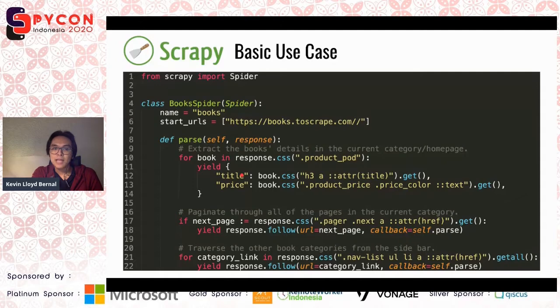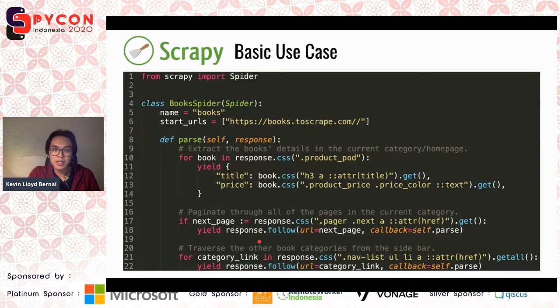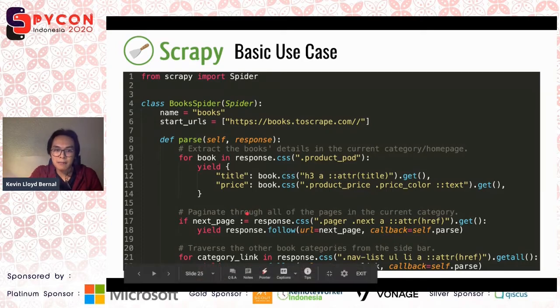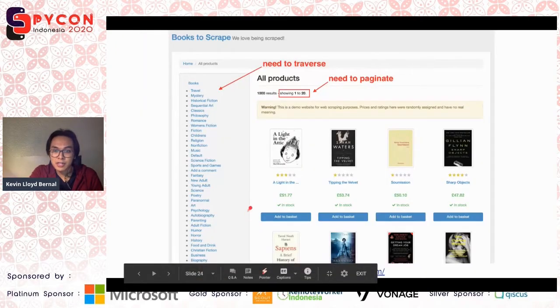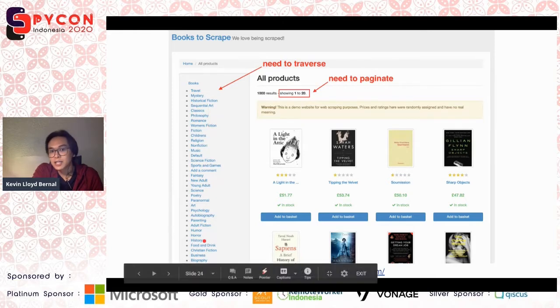The next 2 parts are paginating through the web pages in the current category, and traversing the other book categories from the sidebar. So there are three main parts happening here. The first one is extraction, extracting all the books, and the next two parts are crawling, both traversing the category pages and paginating through all the pages per category.